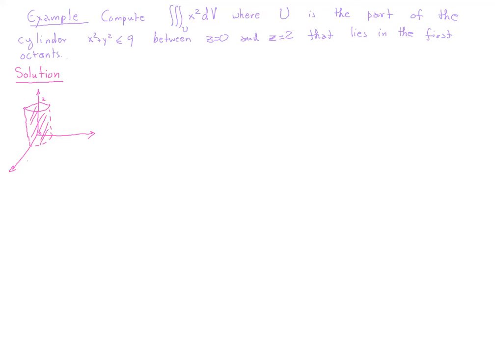And if we want to describe it in terms of cylindrical coordinates, it's again very straightforward. It's all the r, thetas and z's. Before I complete this description, it's a good idea to understand how cylindrical coordinates work.